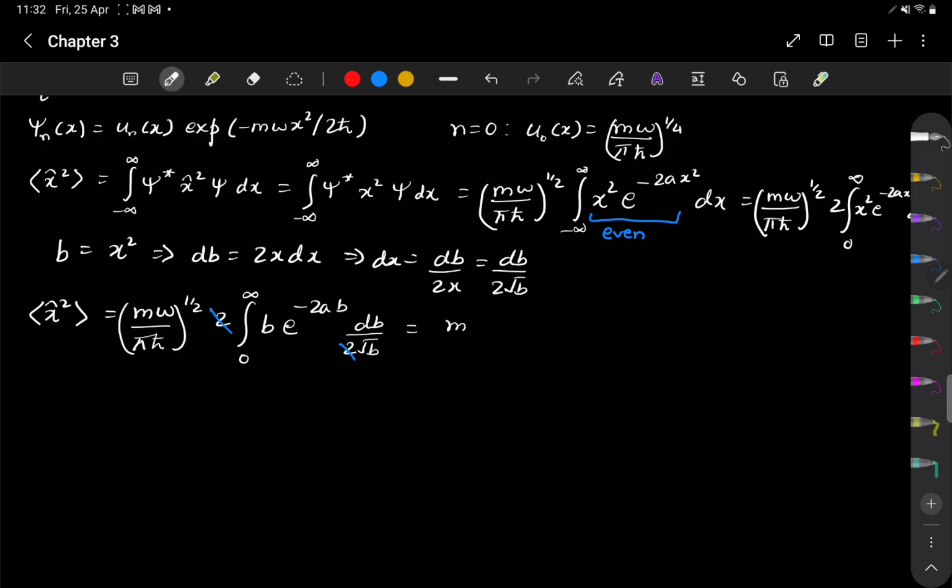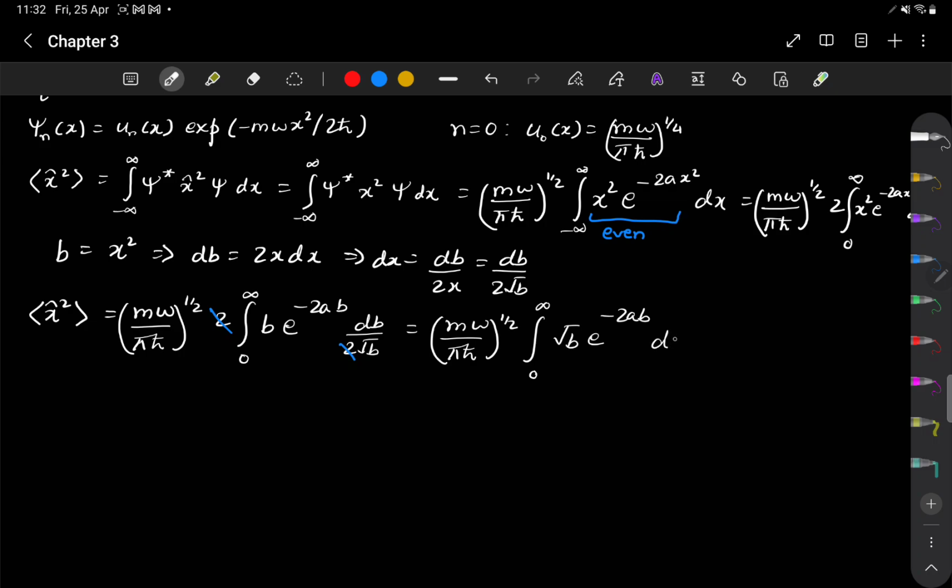We get the following: root b e to the power minus 2ab. Or rather, I should have taken into account this 2a also.